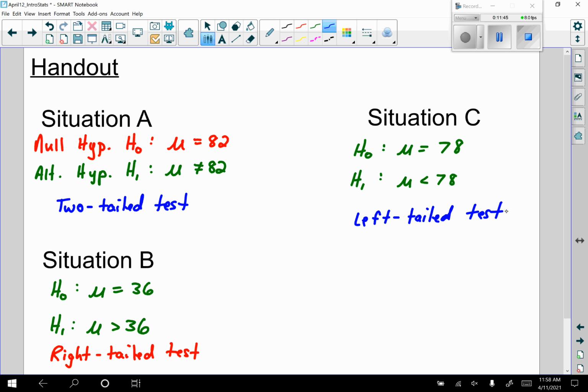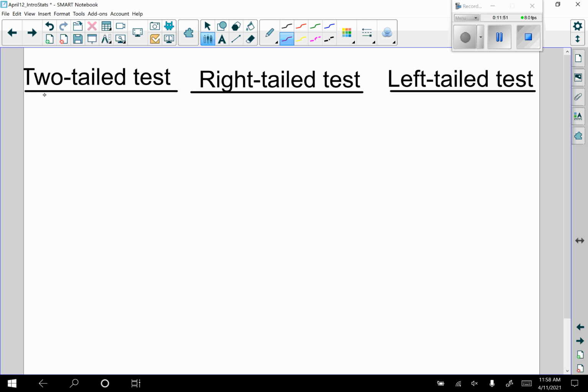So to summarize what we were looking at, based on the type of tests here, if what we're dealing with is a two-tailed test, the null hypothesis is going to be mu equals k.